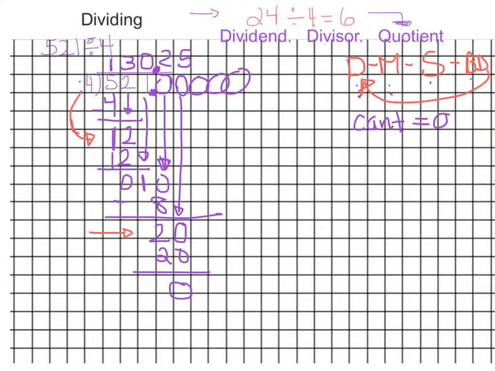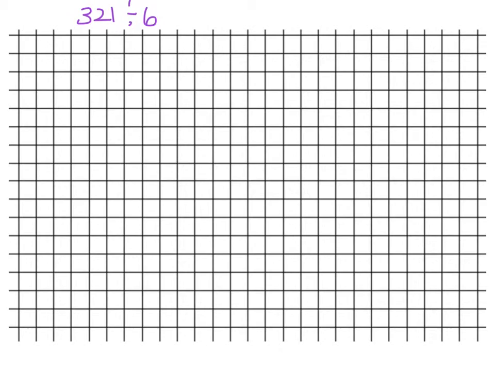Okay, let's try another one together. Okay, so 321 divided by 6, you're going to want to set this up in your notebooks. 6 divided by 321. And if on your line paper you wanted to draw little dotted lines that help you keep your columns organized, you're more than welcome to do that.